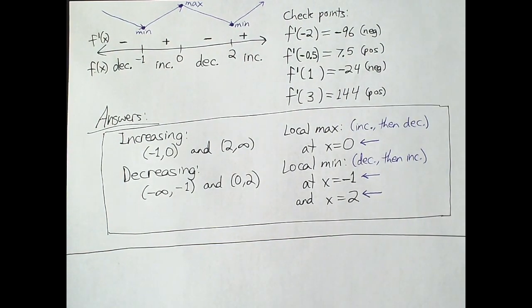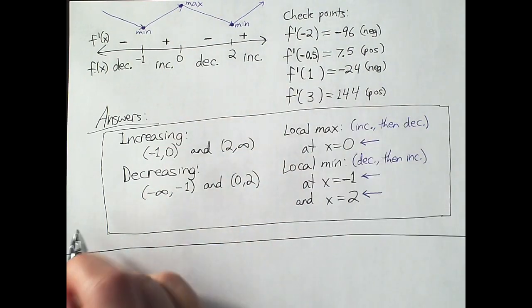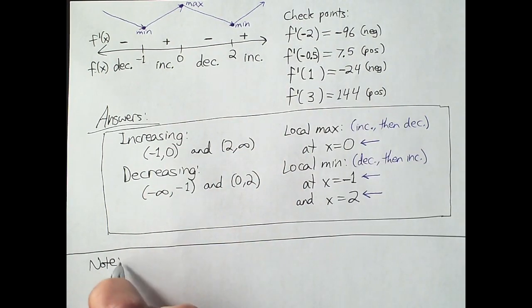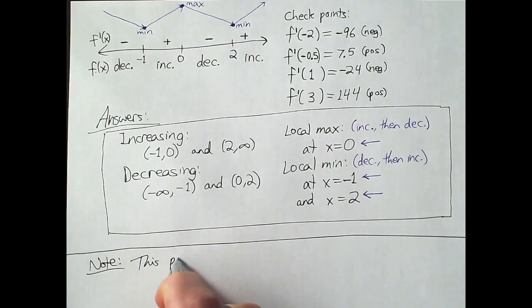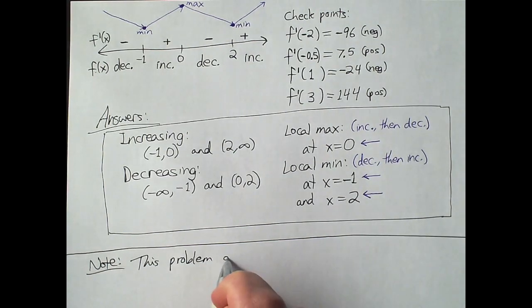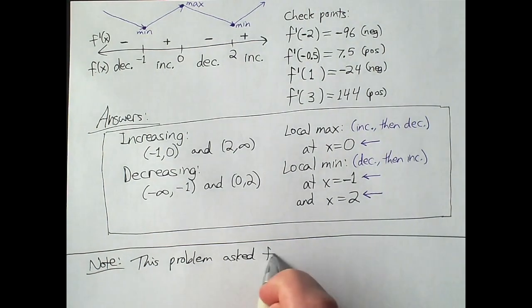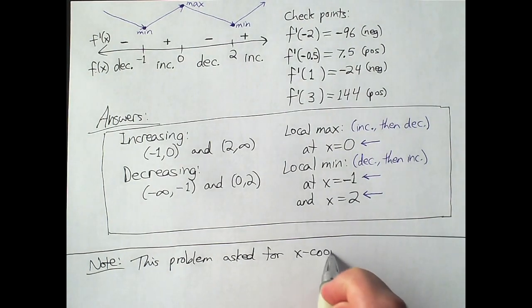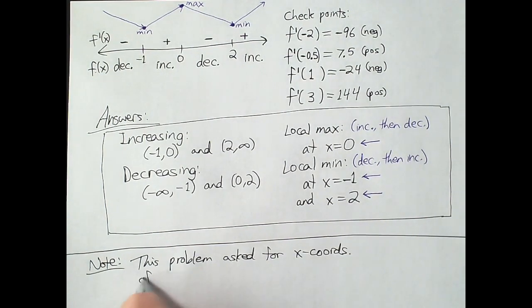Or what if it told you to find the y-coordinates? Let's write some of this underneath so that we're not writing so much here. So note this problem asked for x-coordinates of the local maxes and mins.